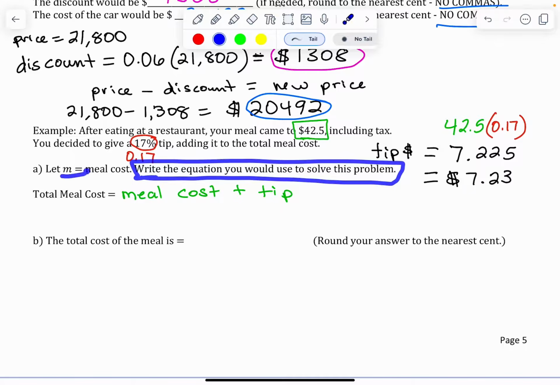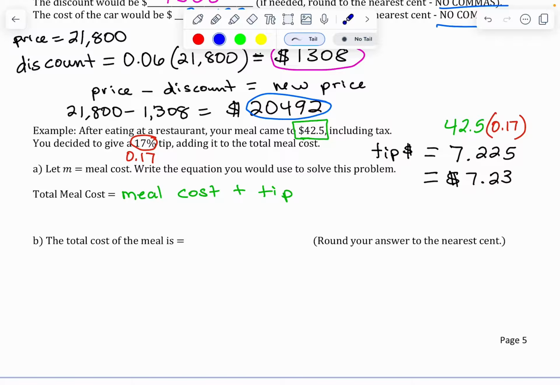So we know that we have to use M for our variable. I wrote it in words. We need to write it in an equation. So we have our meal cost plus 17% of the meal, which is the tip. So that's the first part of the question.